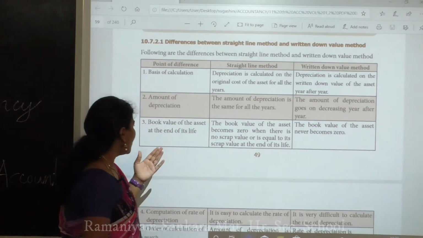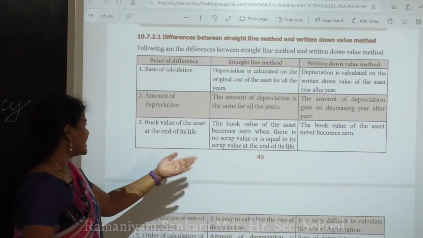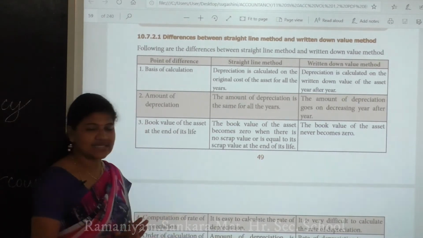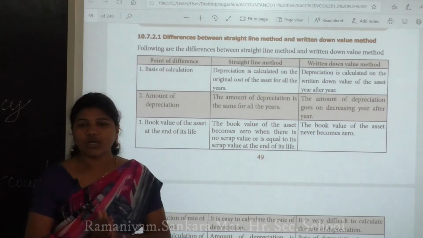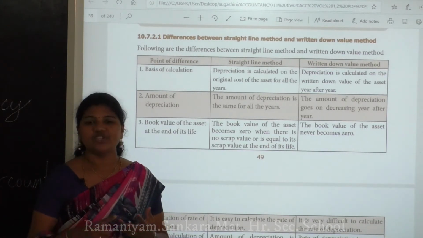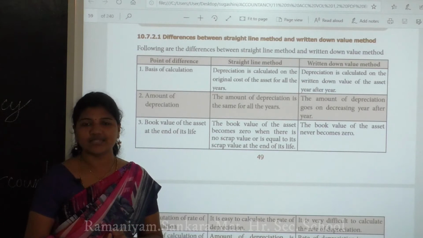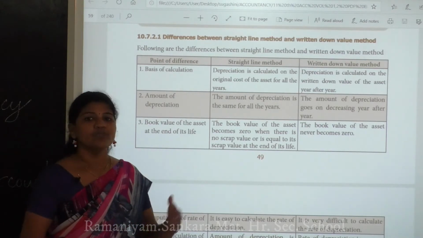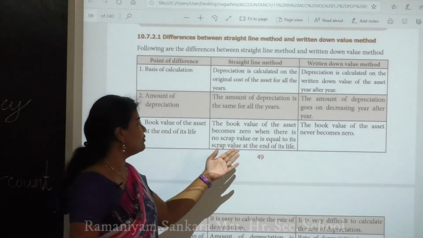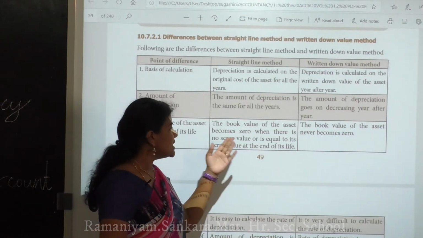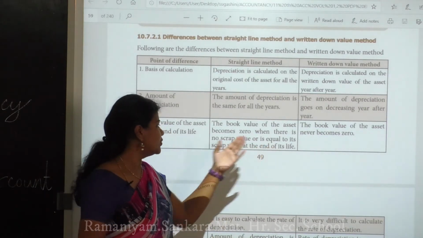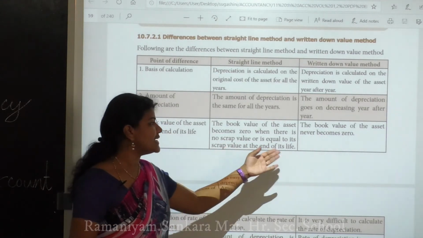Look at the third thing, the book value of the asset at the end of its life. Assets, as I told you, means land, building, machinery, vehicles, all of this. So asset by asset this value is going to reduce. In the straight line method, the book value of the asset becomes zero when there is no scrap value, or is equal to its scrap value at the end of its life.